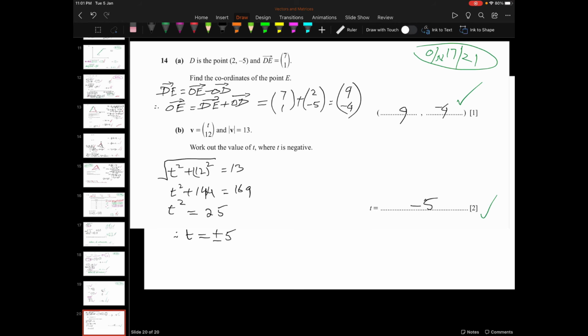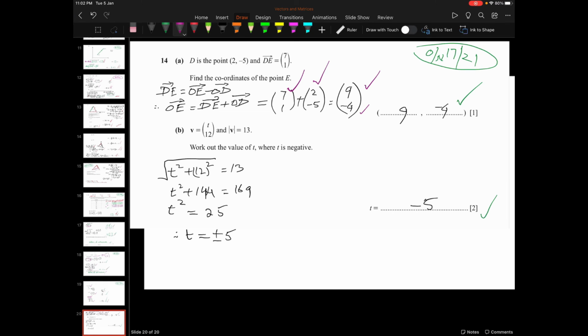From here we can obtain OE is equal to DE plus OD. Now substitute the values of vector DE plus vector OD, which is equal to 7 plus 2 and 1 minus 5. That is equal to 9 and negative 4.